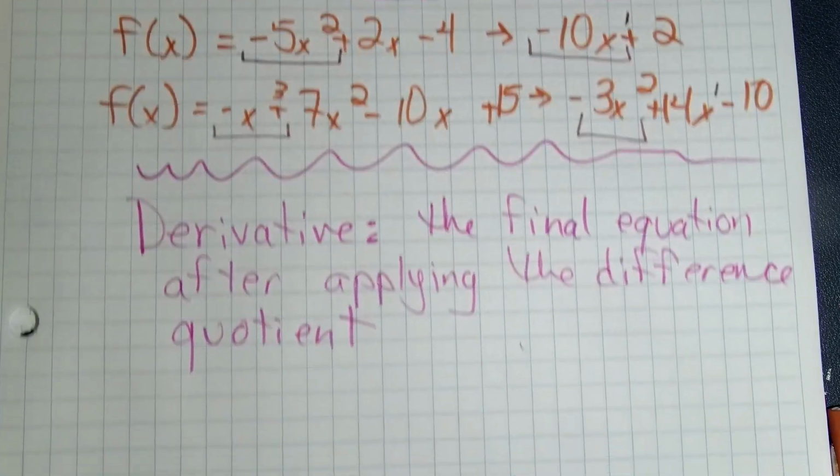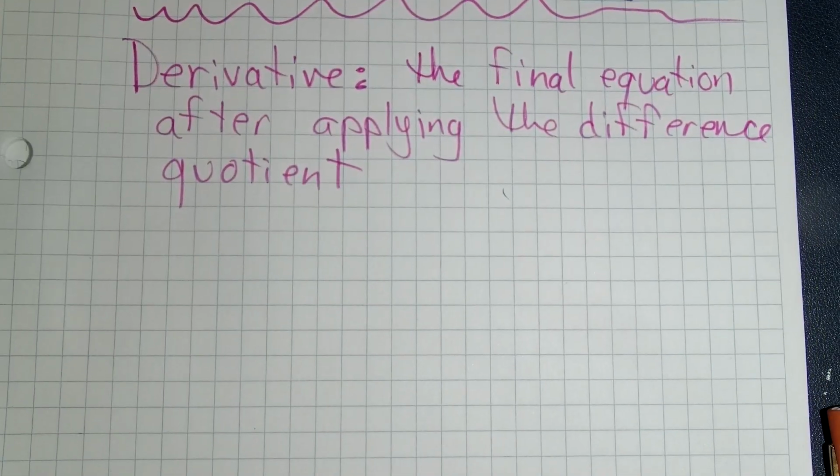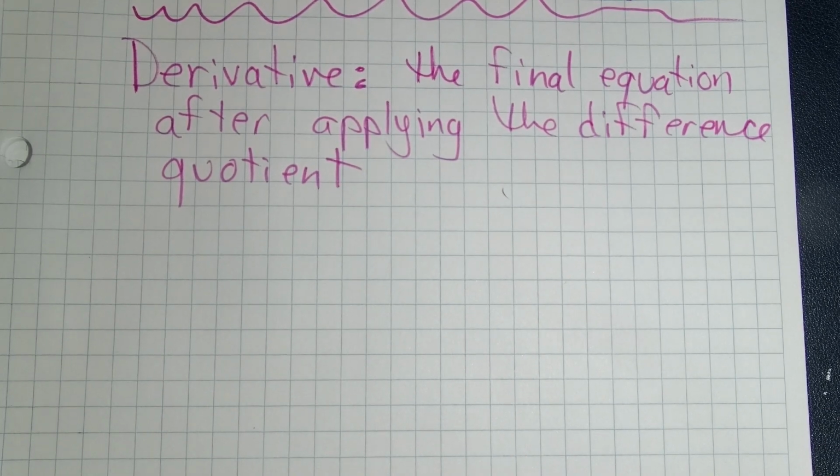So now I'm no longer going to call it the difference quotient. We're going to call it the derivative. Because we're not doing anything with the difference quotient, the new vocabulary word is derivative.